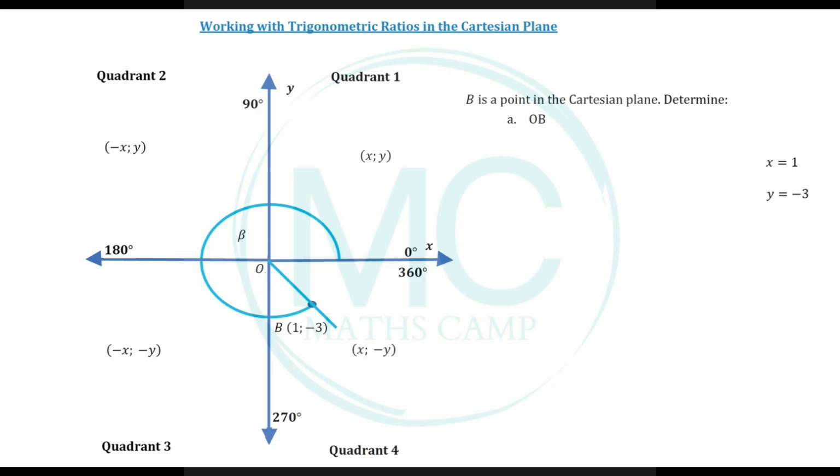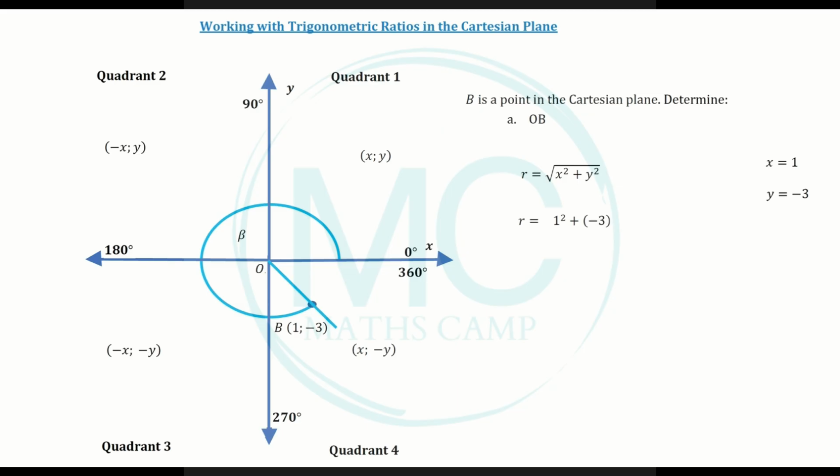With values for x and for y, we can use Pythagoras to find the value of r. So we can now say r is equal to x squared plus y squared, all under a square root. Now we can fill in our values. So we say r is equal to the value of x, which is 1, squared, plus the value of y, which is negative 3.